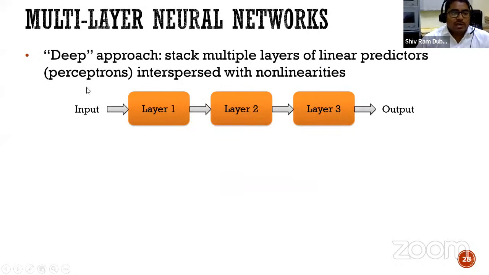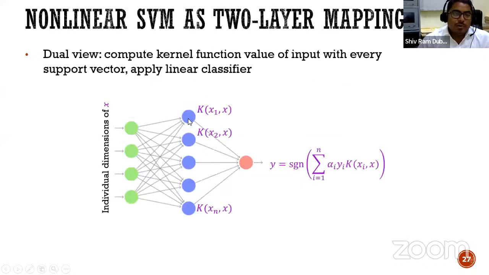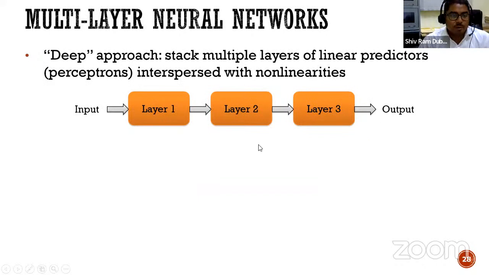And why have only one layer of transformation?